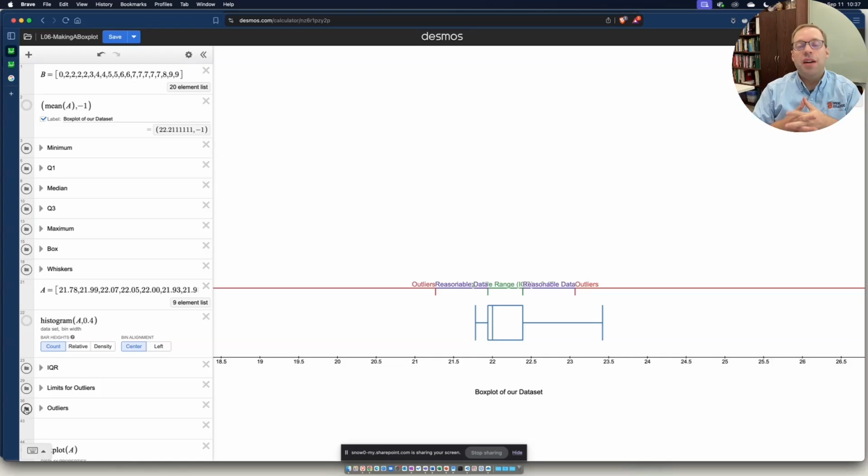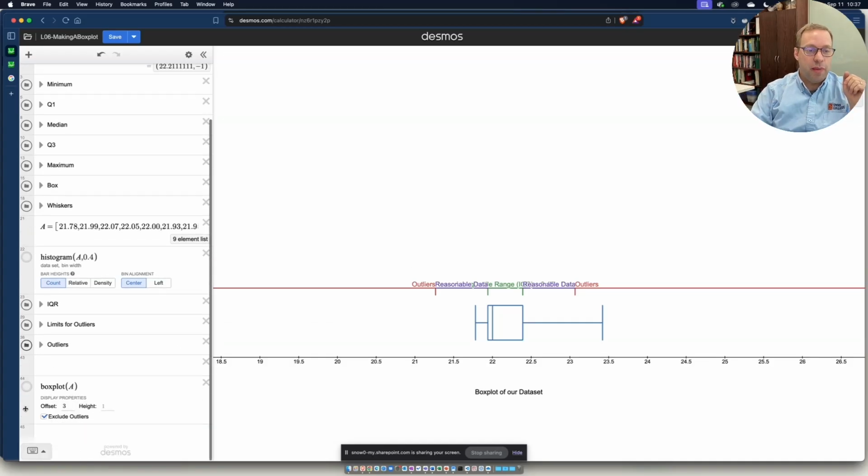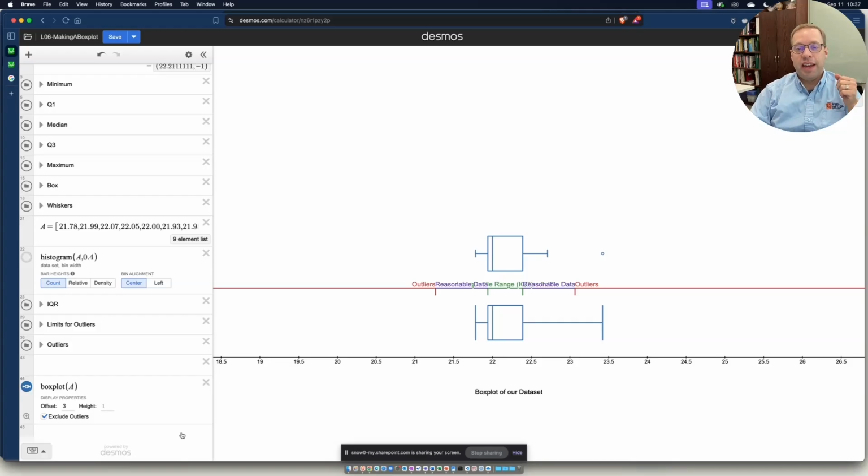What do we do? Well, every point that is in those outlier regions, we indicate with circles, and then we re-indicate the new maxima and minima in our graph. Here is a similar graph. You see the minimum is the same, the box is the same, but this one outlier is indicated with just a dot.